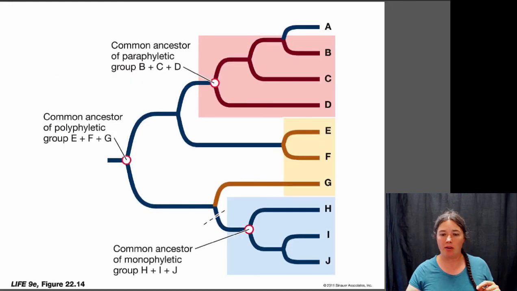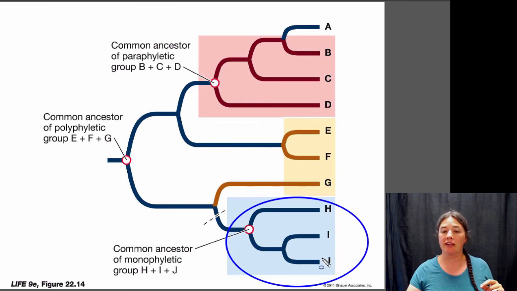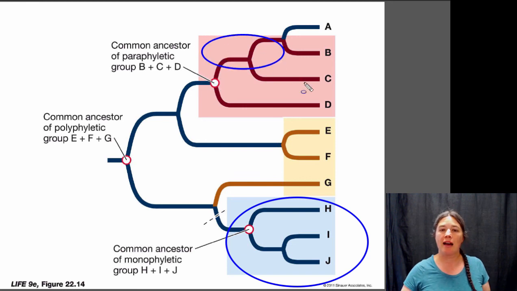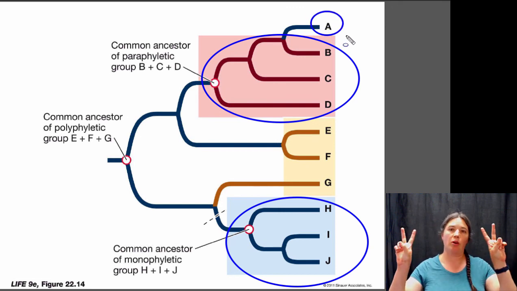On a tree, if you look down here at the bottom, this blue group is a monophyletic group. It contains the common ancestor and all descendants of that common ancestor. That's what we're shooting for. Sometimes we get paraphyletic groups. There's the common ancestor, and this group contains some, but not all, of the descendants. This group out here falls outside what we would call that group, right?